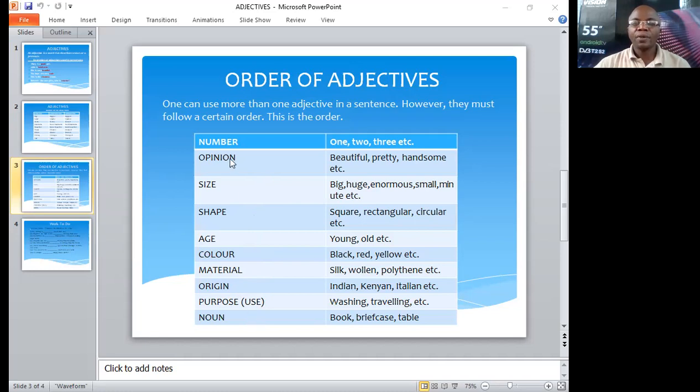We repeat together. Order of adjectives: adjectives of number, opinion, size, shape, age, color, material, origin, purpose or use, noun. Very good. I give examples.